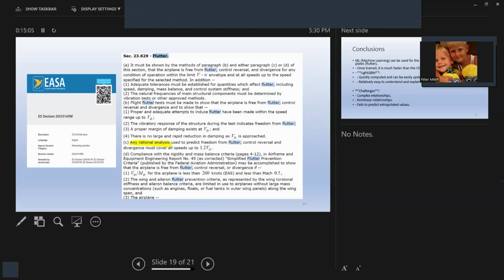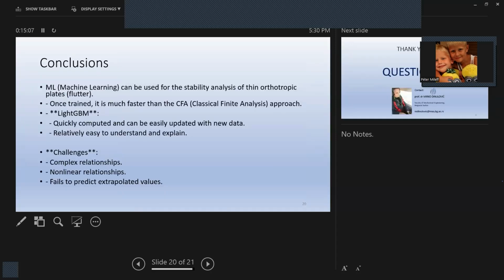This, of course, is not perfect, like nothing in life. Now we believe that ML can be used for stability problems, and that this algorithm is a good candidate to be investigated further. Unfortunately, for more complex geometry, it won't work. If there's something nonlinear, it cannot recognize it. And also, one of the big drawbacks of this approach is that there are no extrapolated values.